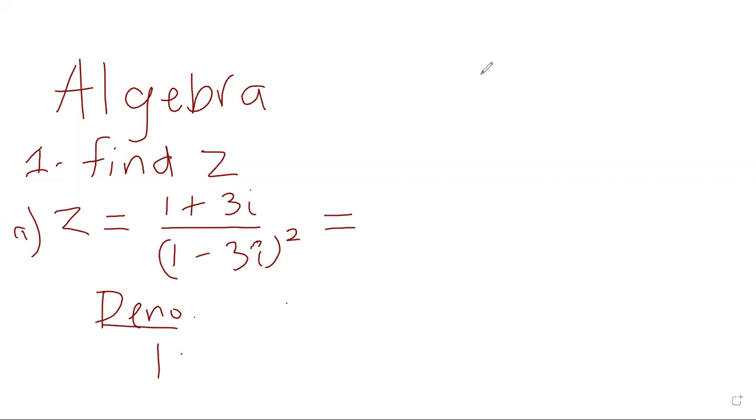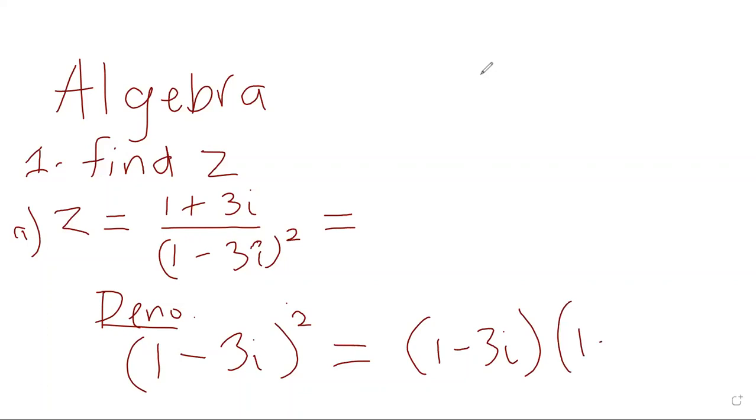We have (1 minus 3i) squared. You can simply do it the usual way: 1 minus 3i multiplying 1 minus 3i. I hope you get this one. So we are going to just multiply through.